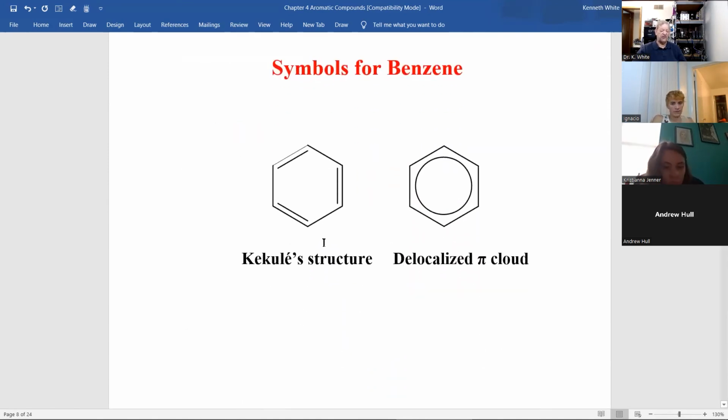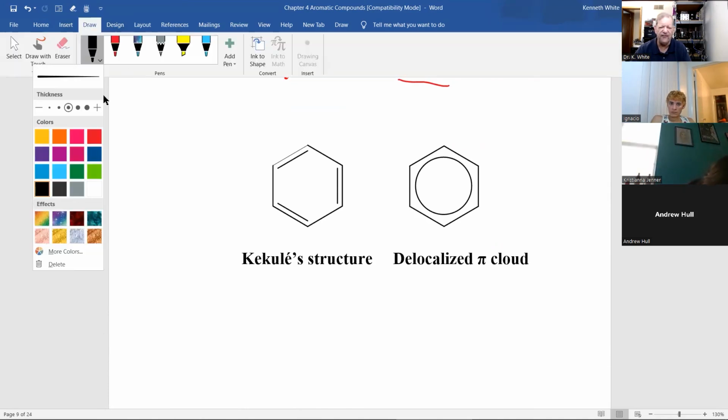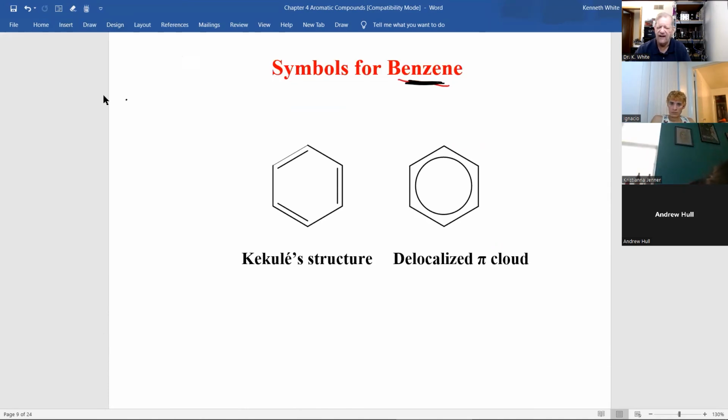But now switch is on. Here's the structure for benzene. Now, there are actually 3 ways you can draw benzene. IUPAC, in their infinite wisdom, knew the name benzene has been around for eons, and they said, well, we're not going to get organic chemists to change and call it something else.